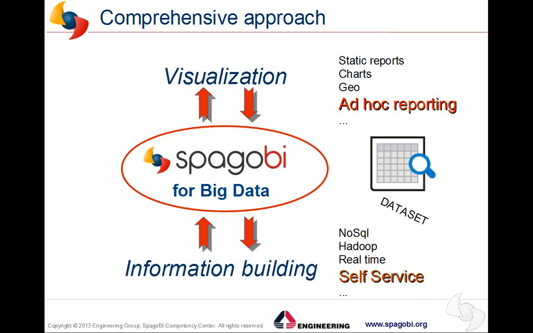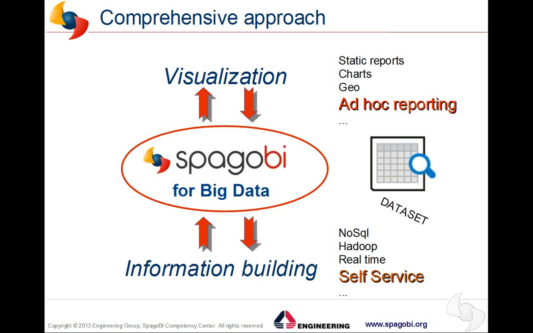This agile development of information can be reached through the life cycle of the information, linking together ad hoc reporting and self-service BI. So the worksheet and the query by example engine are working together, using a dataset as the input, the starting point, and producing at the end more information, more knowledge.